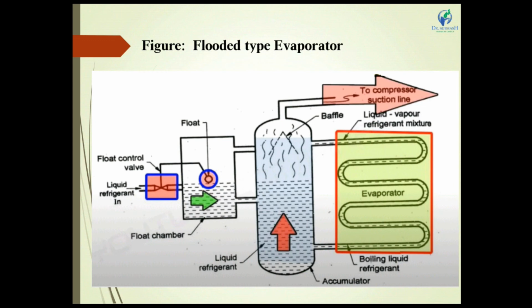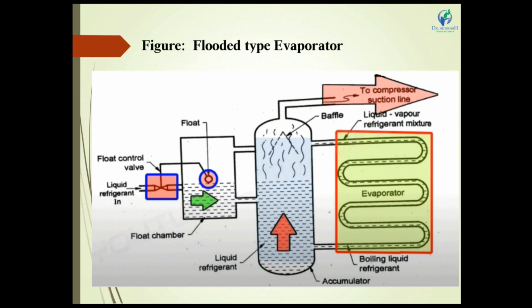This flooded type evaporator is most commonly used in industrial air conditioning systems or central air conditioning systems, where the flow requirement is very high compared to domestic or commercial air conditioning systems. Domestic systems do not use the flooded type evaporator because the refrigerant flow is very low.